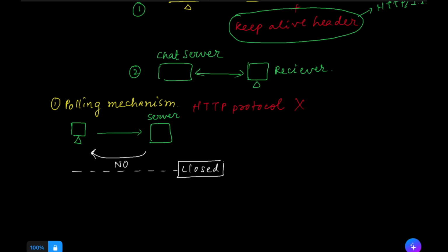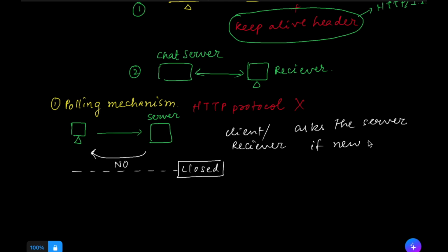So in the polling mechanism, the client or the receiver asks the server if a new message is found, and the server every time responds with a no until there is a new message, and the connection is closed. Every time, the client has to establish a connection with the server, do a TCP handshake and check whether there is a new message or not, thereby incurring a lot of latency.